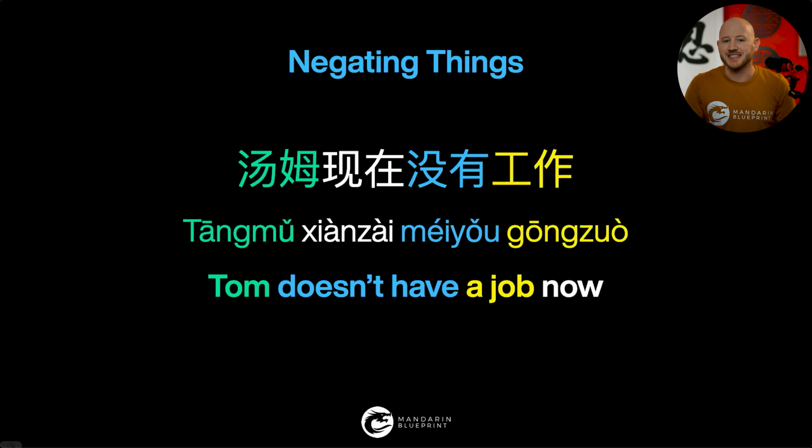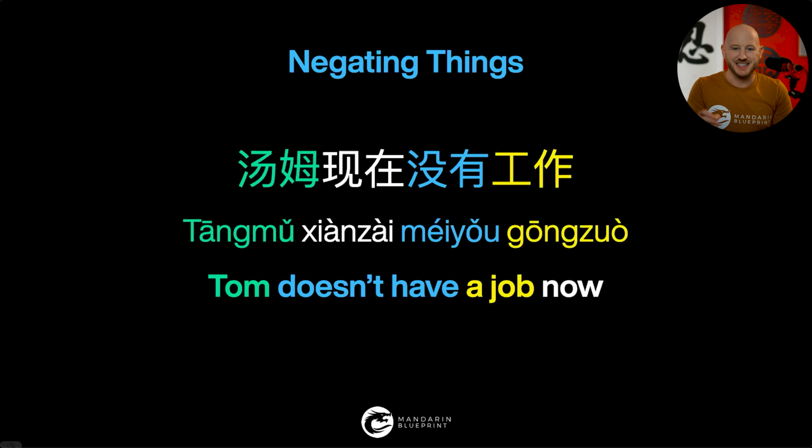But what's interesting is if you say 汤姆没有工作, leaving out the 现在, the now, it's actually unclear whether you're saying he doesn't have work at the moment, as in work in the job sense, or that he didn't work, because 工作 can be a noun or a verb, right? So this is why context matters a lot in the language.